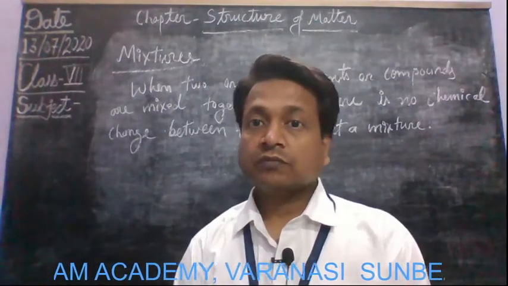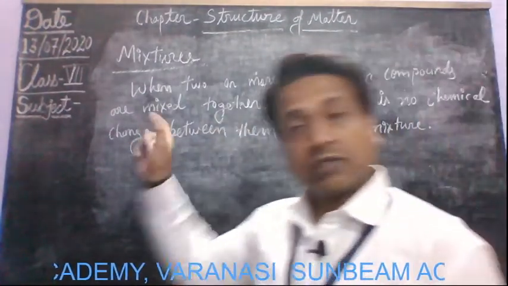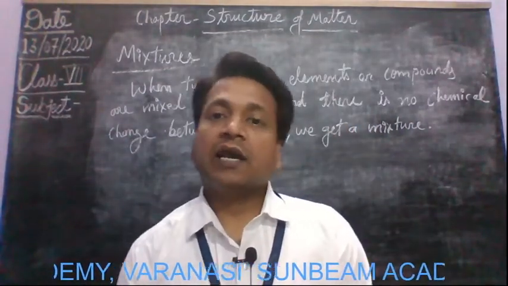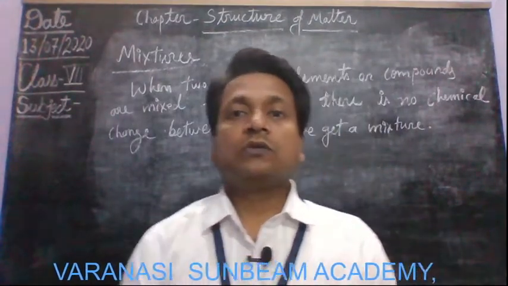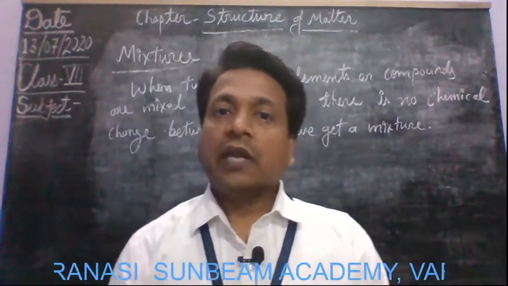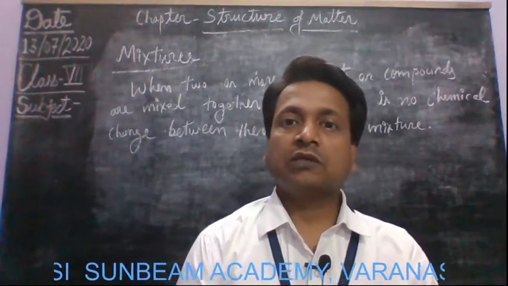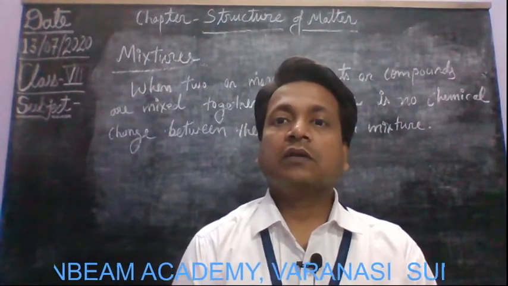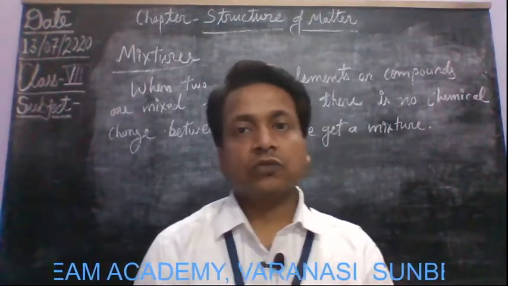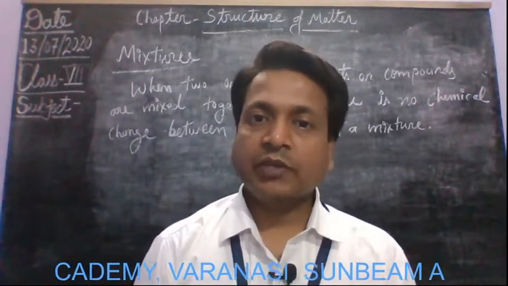And if a chemical change occurs, that time it is termed a compound. So to prepare a mixture, any element or compound can be mixed together in any ratio and no chemical change occurs, so it is termed a mixture.